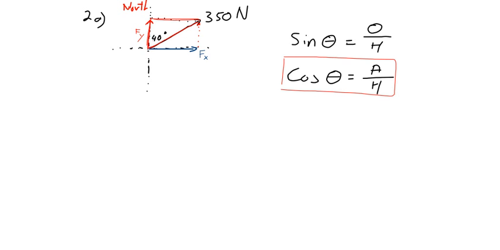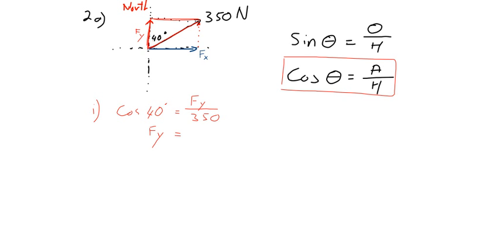So for I, it is cos of 40 degrees equals my adjacent, which is my Fy, taking it in the northerly direction, over my hypotenuse, which is the 350. And now I have Fy, and it calculates to, what is it, Fy? 268 Newton.